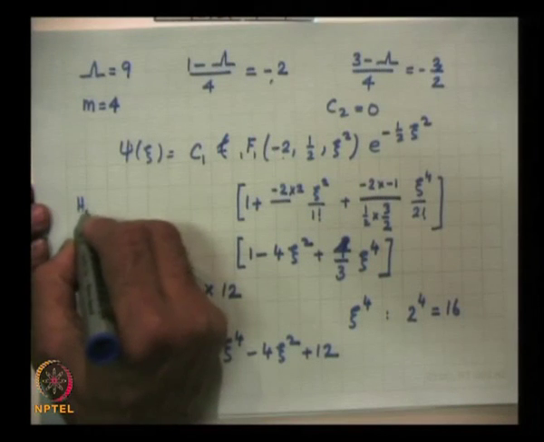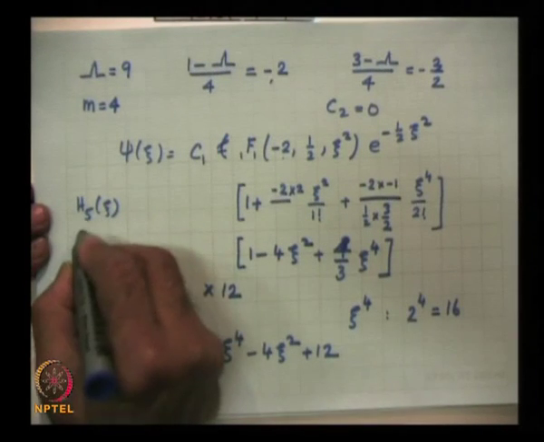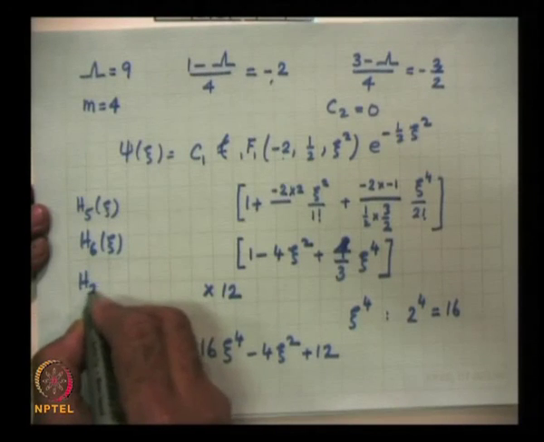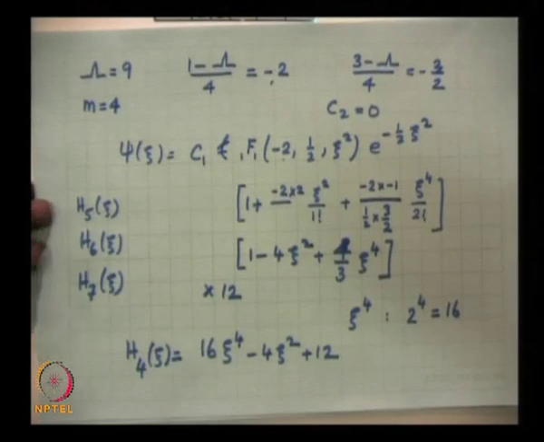So, I leave it as an exercise for you to find out what is h5 of xi, what is h6 of xi. Please do this, and this will help you to understand the solution. The h7 of xi is worked out in the book, but I would like you to find out what are h5 of xi and h6 of xi.